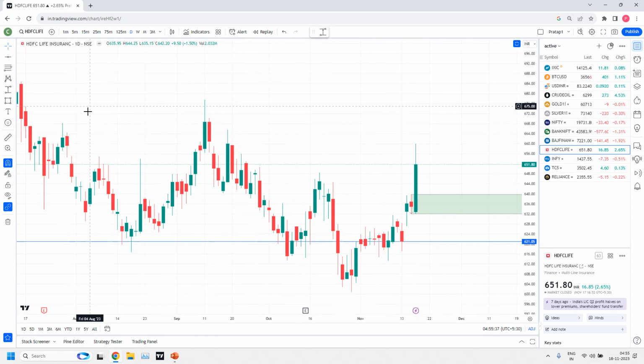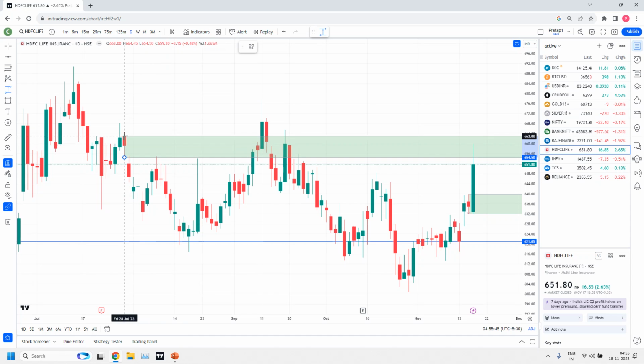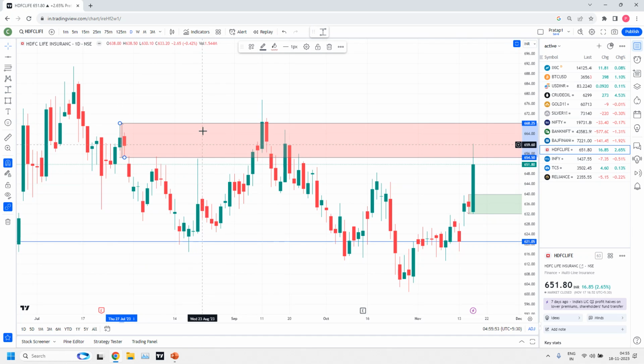Look into this. Let me draw, you will get clarity. Let me change the color, supply zone. In a normal situation, you may think this is a small candle.